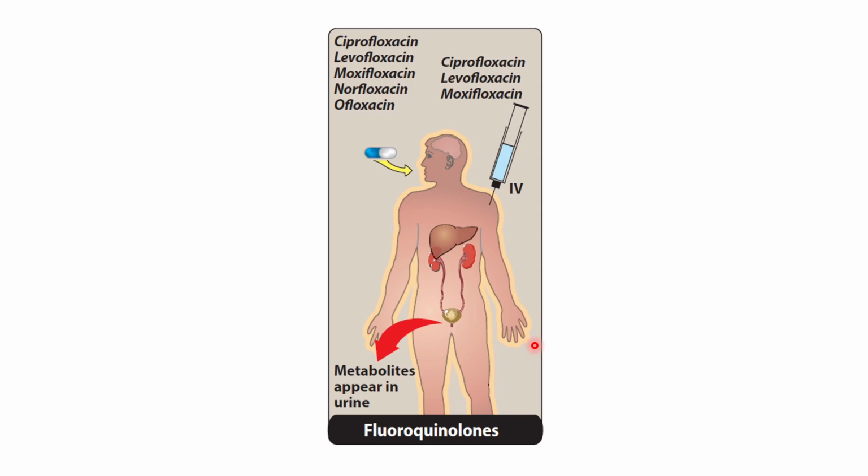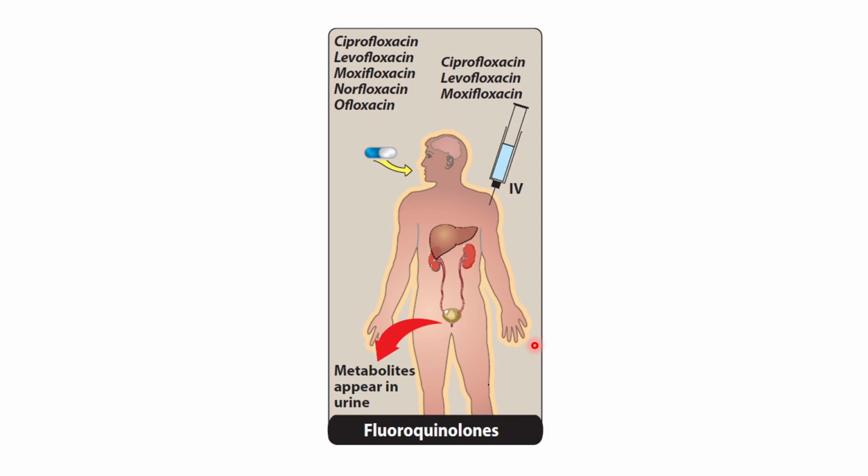Levofloxacin is a more effective drug because it can treat pneumonia and can also be used for skin infections. It is active against Streptococcus pneumoniae, has high bioavailability, and can be given once daily.